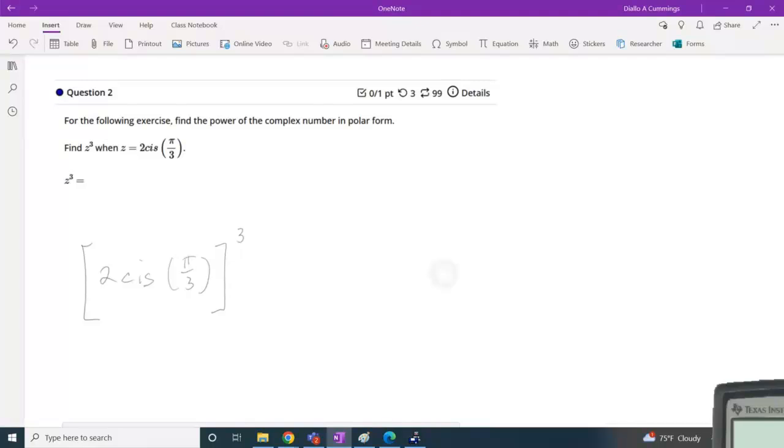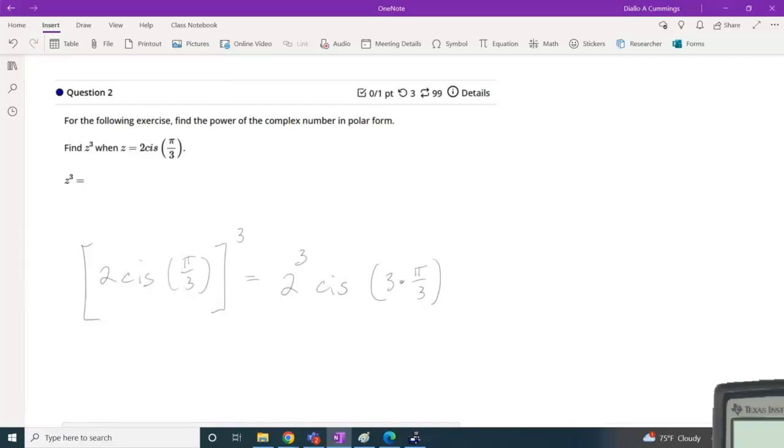So I'm going to use the formula, and the formula says I'm going to take my modulus and raise that to my power. In this case, the power is 3. I'm also going to take my argument and multiply it times 3. So that's 3 times pi over 3.